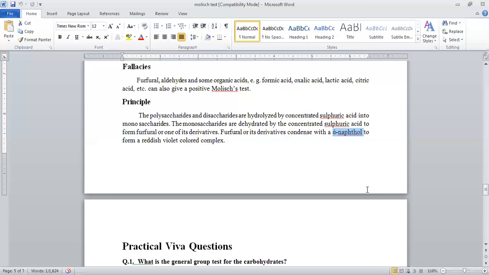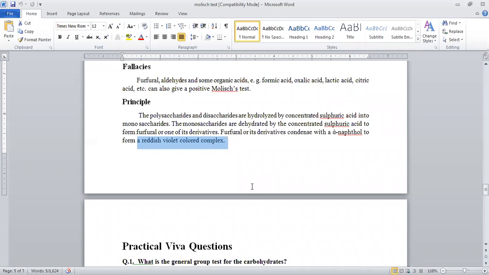When this furfural reacts with alpha naphthol, it produces a complex compound, and that complex compound is reddish violet in color.